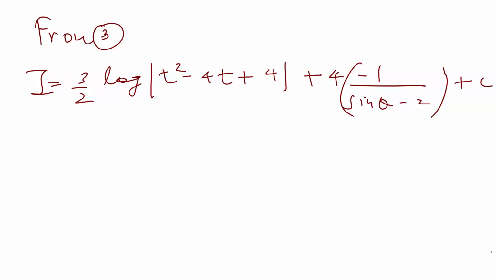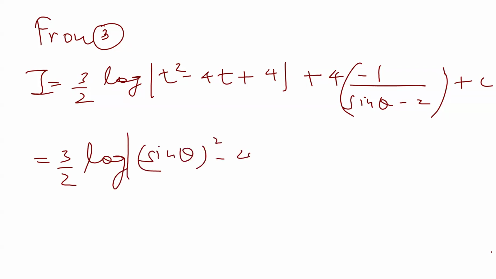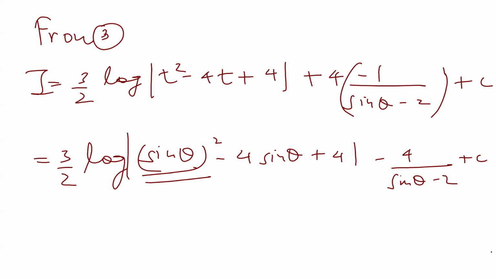Since it is I, hence I'm writing plus c. So 3 by 2 log mod, t is sine theta. And in the last step, you can just write sine theta minus 2 the whole square as sine square theta.